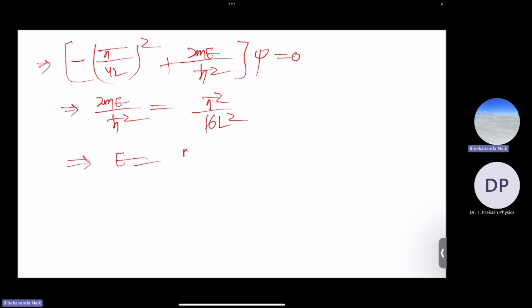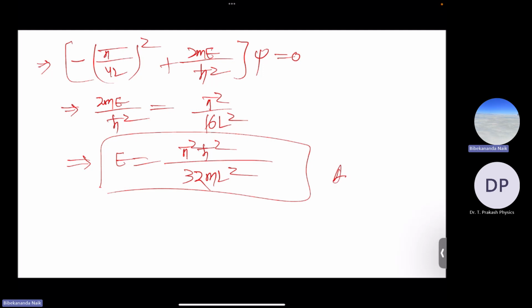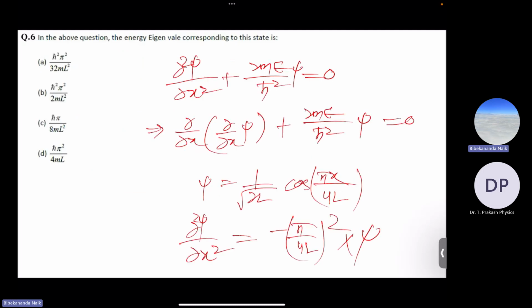Then E will be pi square h cross square divided by 32 ml square. So the correct answer will be option A.